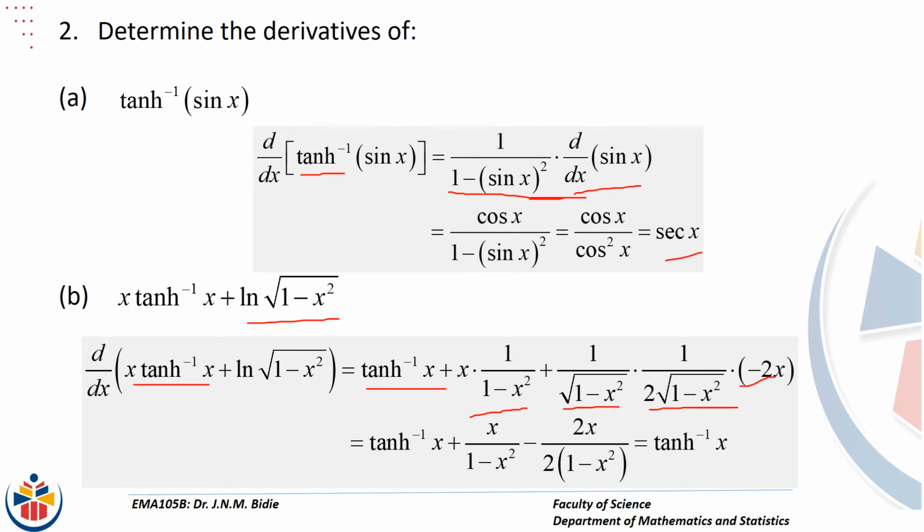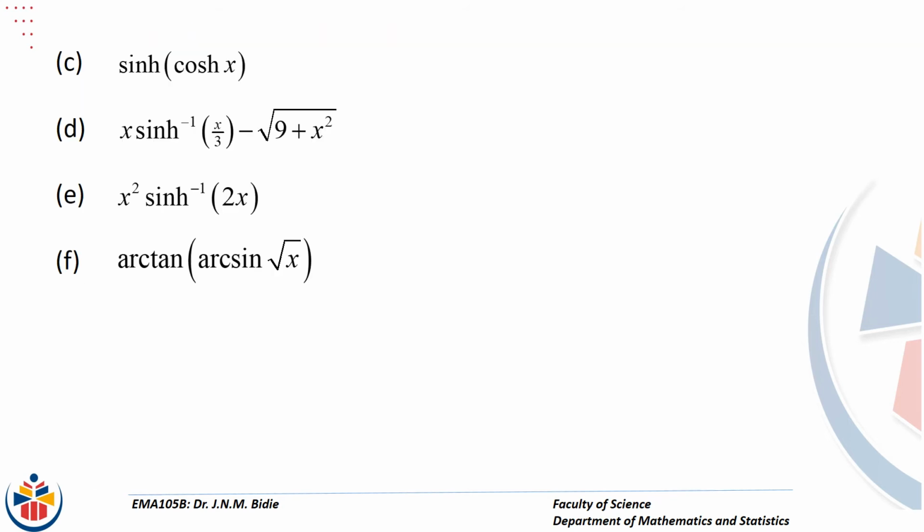And then you simplify and you discover that your final answer is just arctan of x. Please check the simplification and see if you're going to get the same answer.